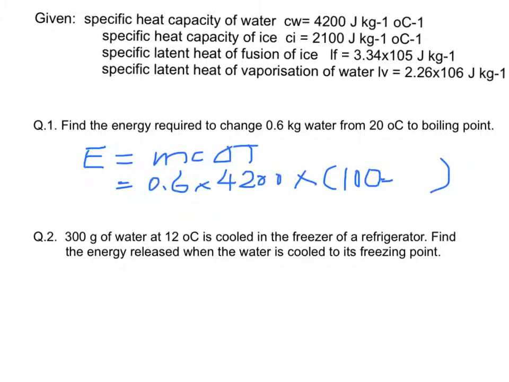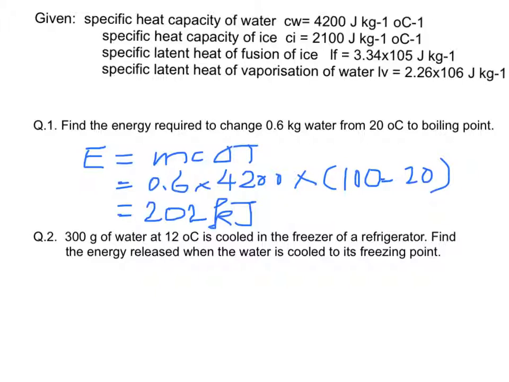Therefore, the delta T is 100 minus 20. And the answer is 202 kilojoules.